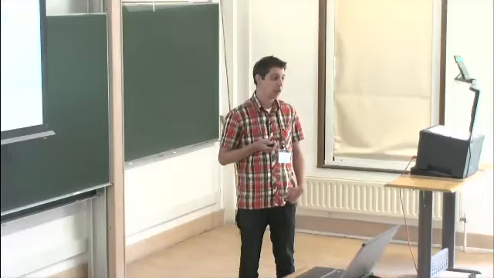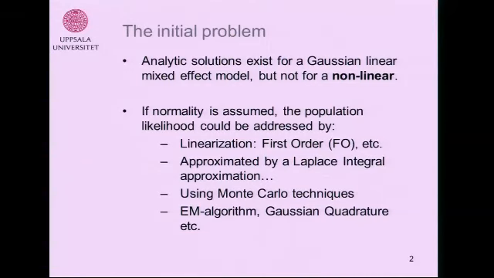So we know that analytic solutions exist for linear Gaussian mixed effects models, but obviously not for a nonlinear. And if we assume normality, we can calculate the population likelihood, or the likelihood, by first order linearizations. We can use Laplace integral approximations, might use Monte Carlo techniques, or EM algorithms, Gaussian quadrature, etc.